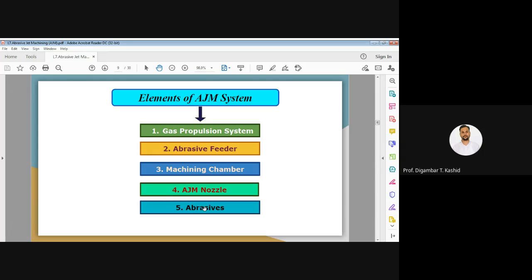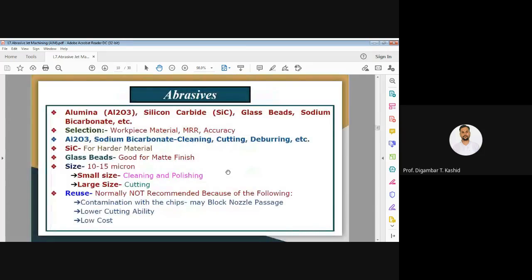And the last and important element is the abrasives. Here I have made a separate slide about this abrasive: which kind of abrasive material we can use in this AJM.